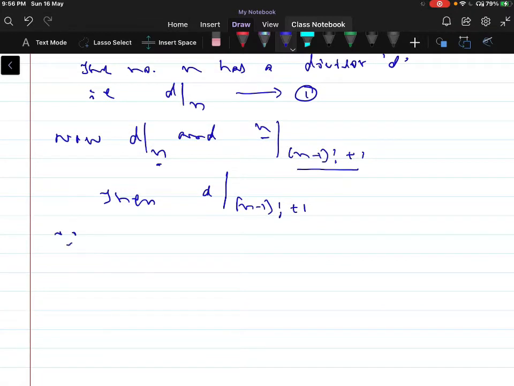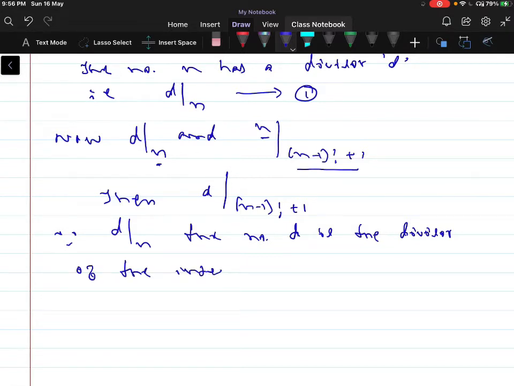Since d divides n, the positive number d is a divisor of the integers in the list 2, 3 up to n minus 1.